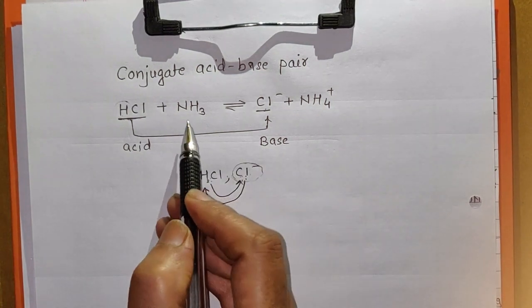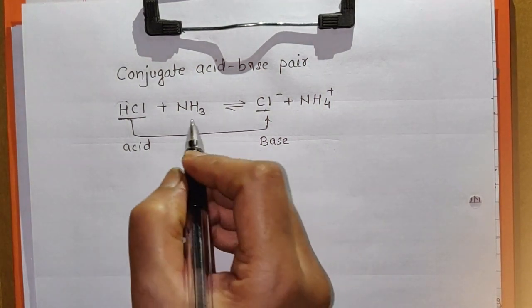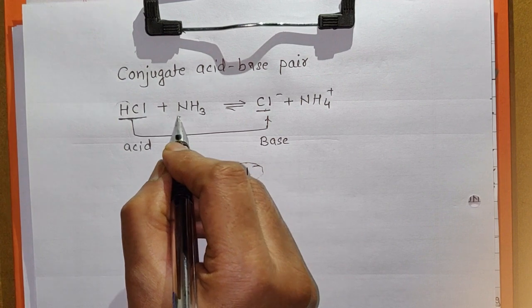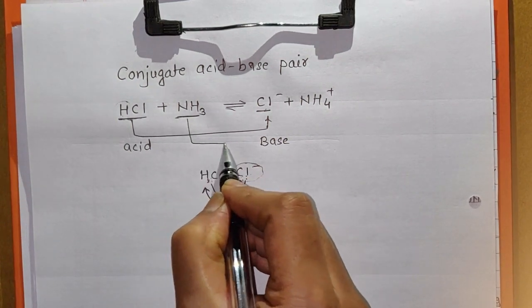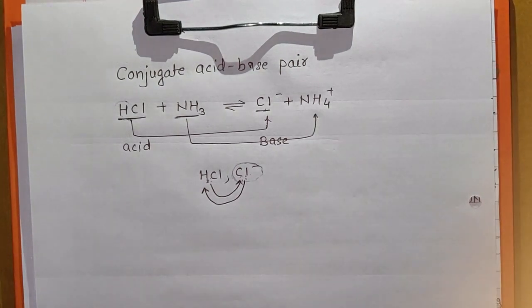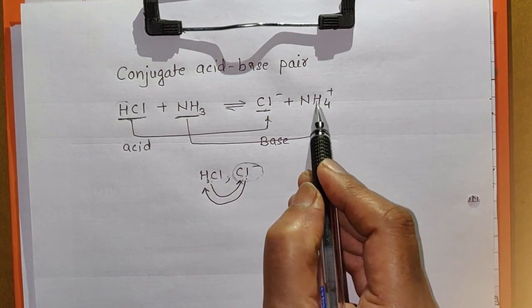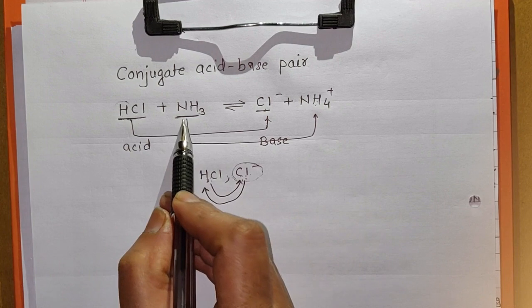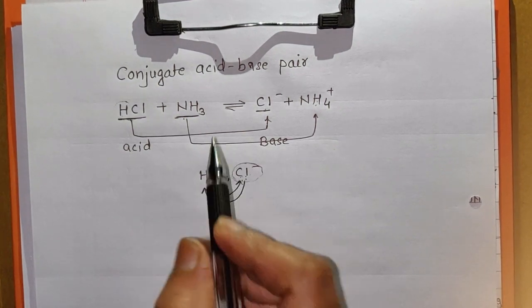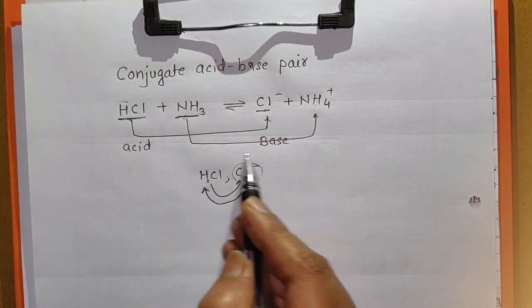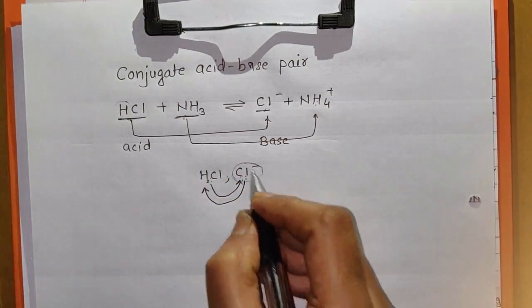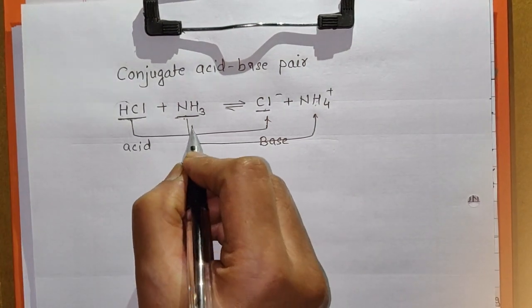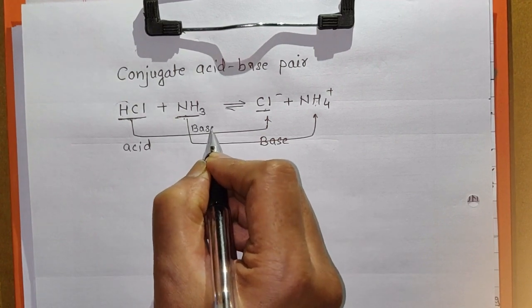Like this, we shall consider the second substance in this reaction. In the forward reaction, NH3 is converted into NH4 plus, and in the reverse reaction NH4 plus is converted into NH3. How? NH3 is converted into NH4 plus by accepting a proton. So it is a base because it accepts a proton.